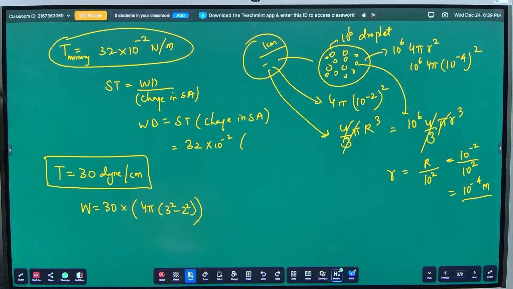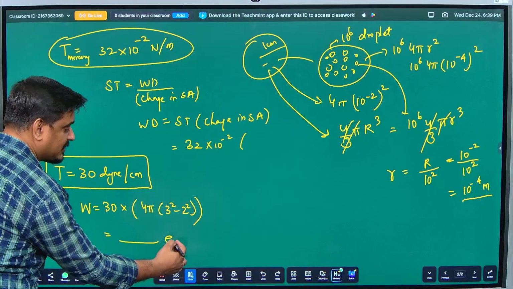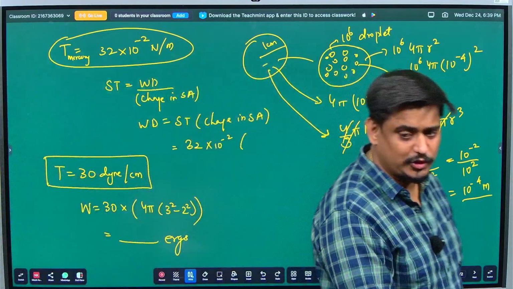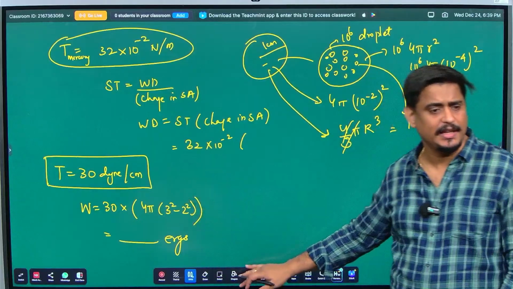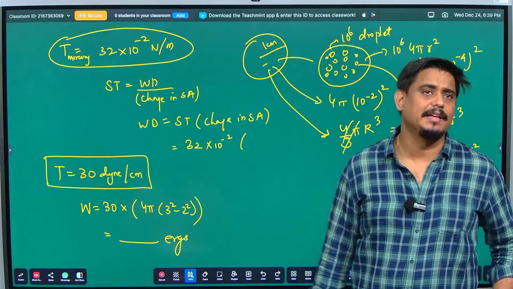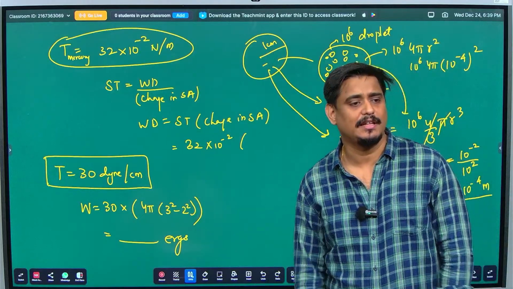Am I right? When you solve this, you will get some answer in ergs which will be a wrong answer. Everything used correctly, units put correctly, but your answer will be wrong. Why?